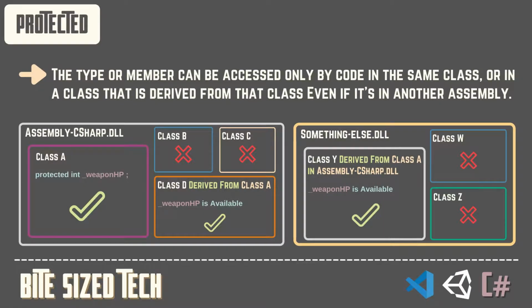If a type or member is defined as protected, then you will only be able to access them from within the same class or from within classes derived from this class.